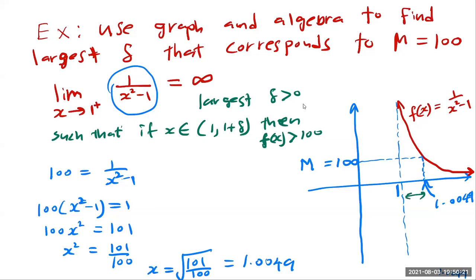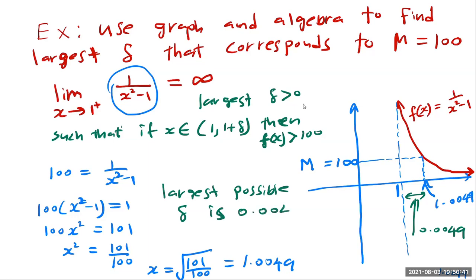This one is 0.0049. So the largest possible delta is 0.0049.